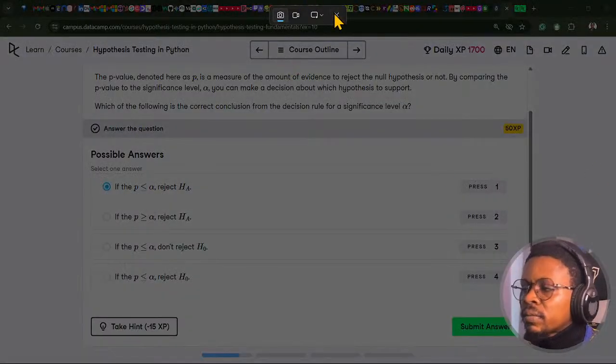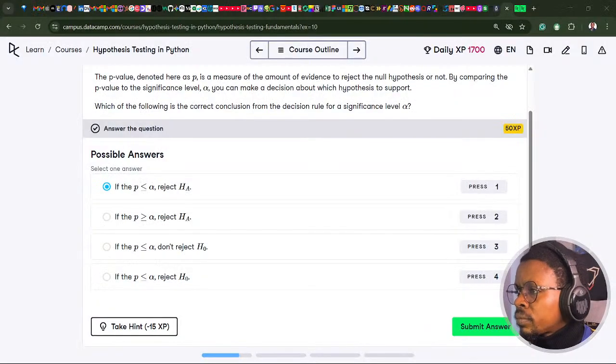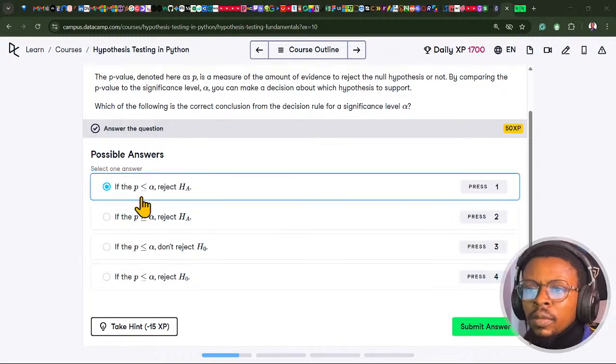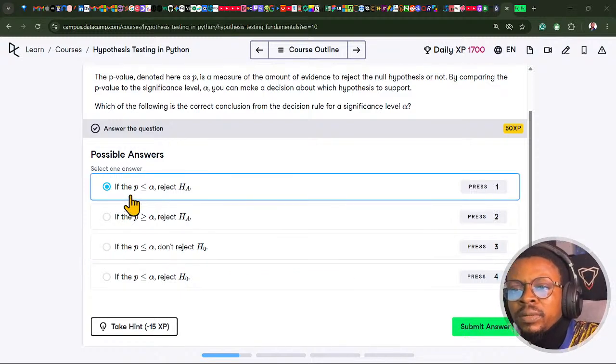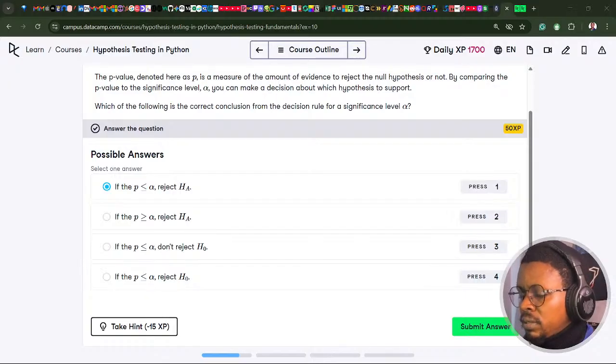I accept or reject. Let's say if the p-value is less than or equal to the significance level, you reject hypothesis A, the alternative hypothesis.